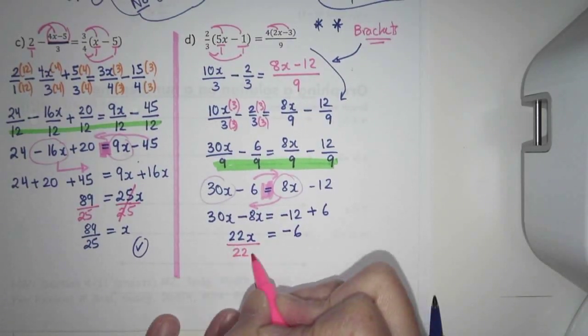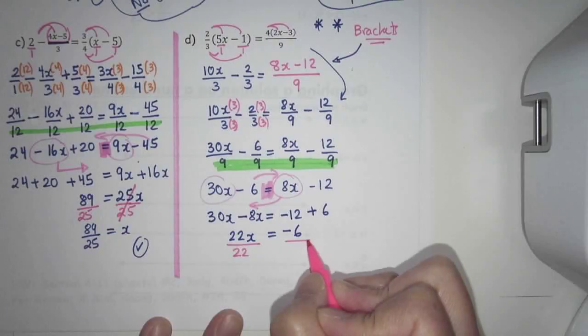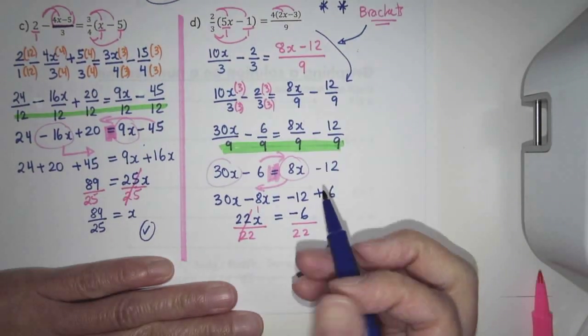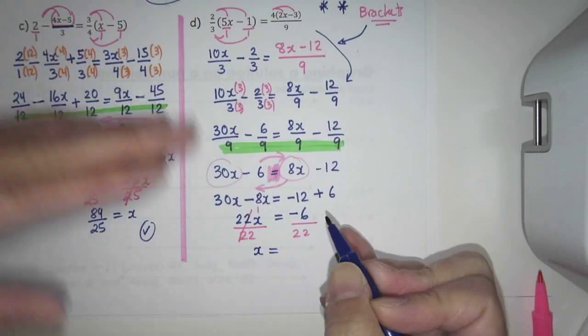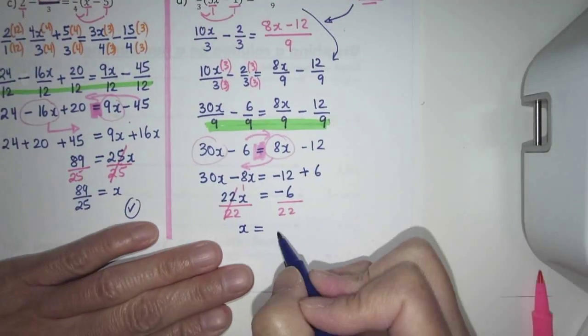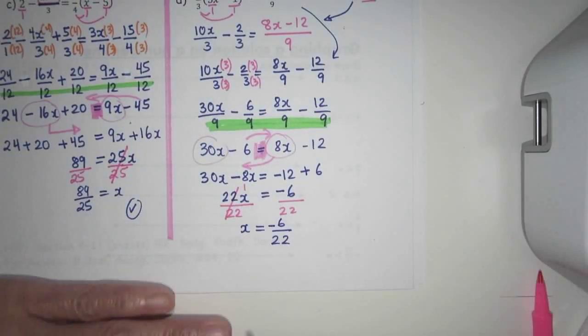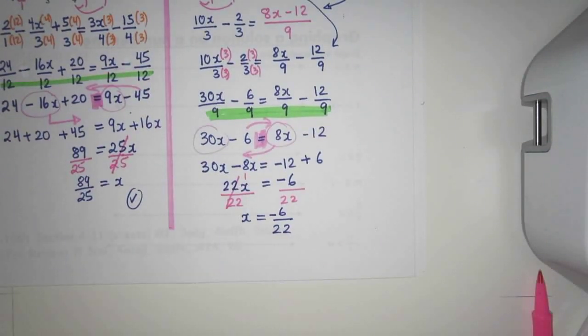Divide both sides by whatever's in front of the x. So all over the 22, it doesn't matter. People ask me that because it crosses out to become 1 either way. And you get x equals negative 6 over 22. You cannot stop there. Take a look at it. 6 and 22.